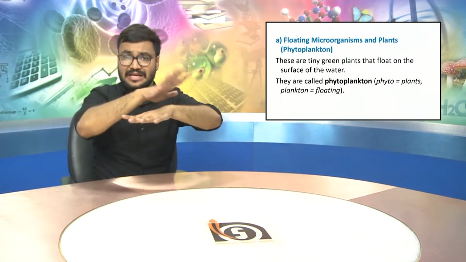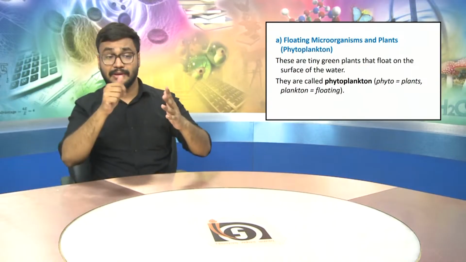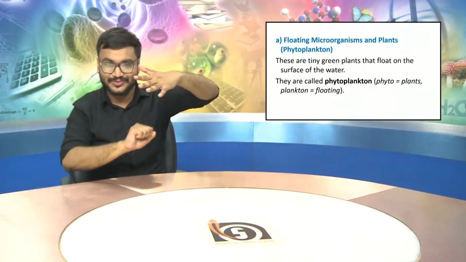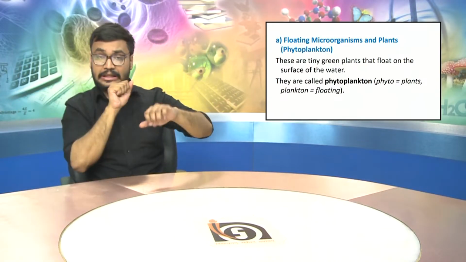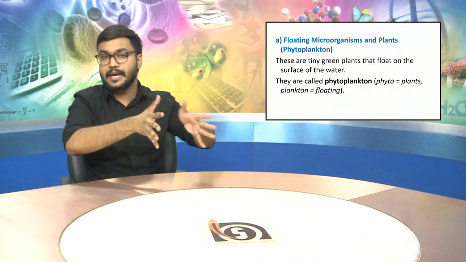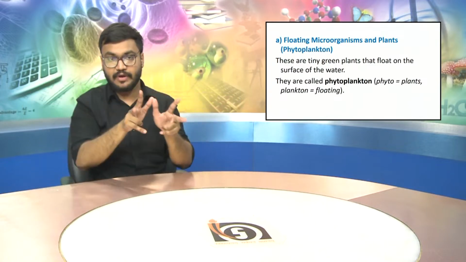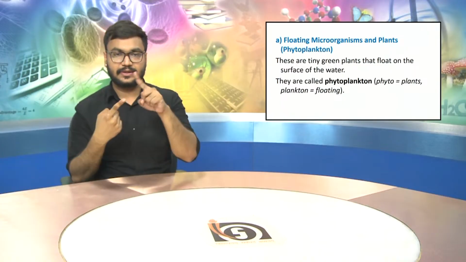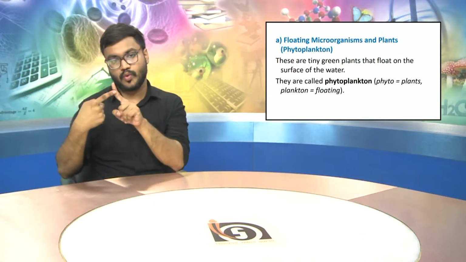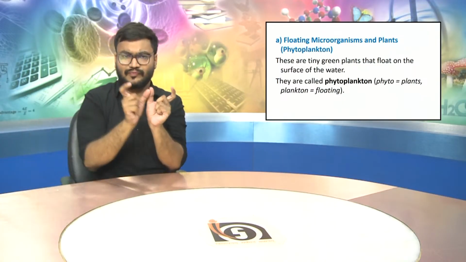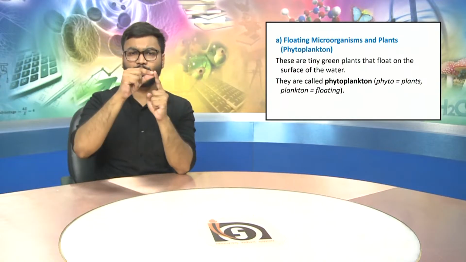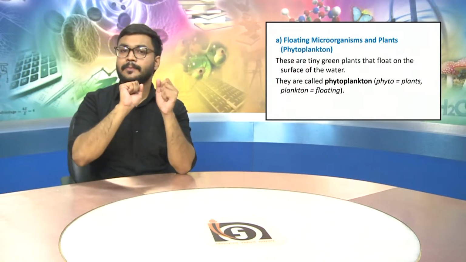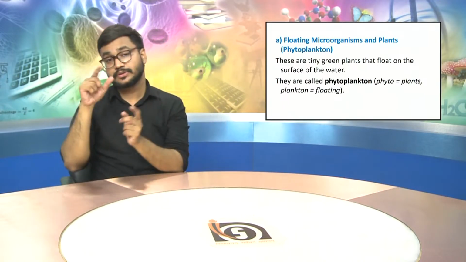Floating microorganisms and plants are called phytoplankton. They are tiny green plants that float on the surface of the water. Phytoplankton is made up of two different words.